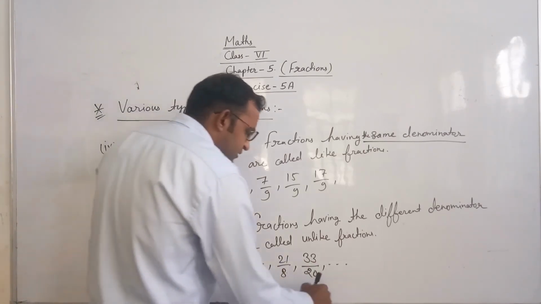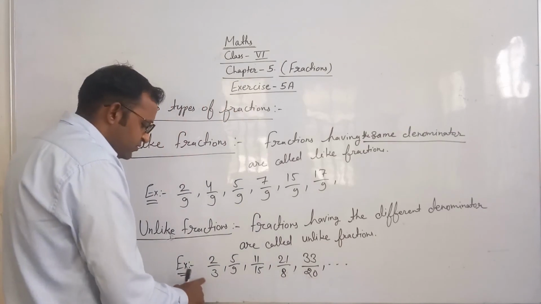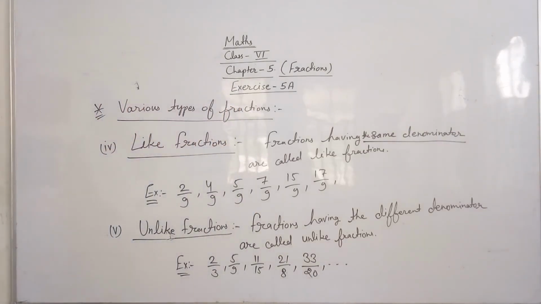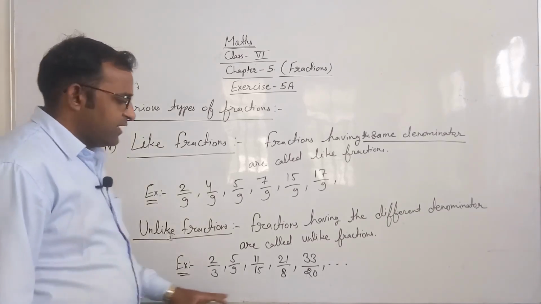All denominators are different, so all are unlike fractions. Okay, so students, like fractions, the fractions having the same denominator are called like fractions. Second, unlike fractions, fractions having different denominators are called unlike fractions.